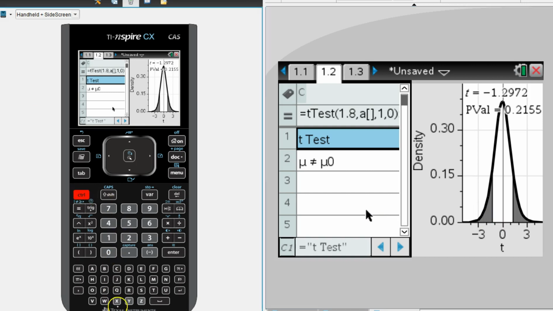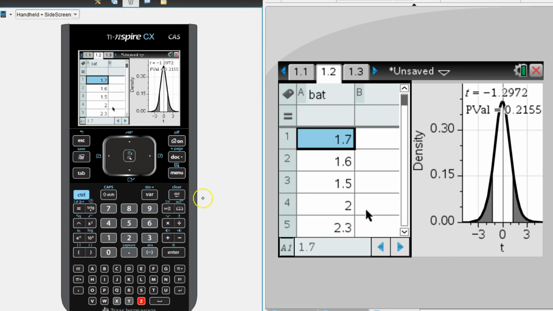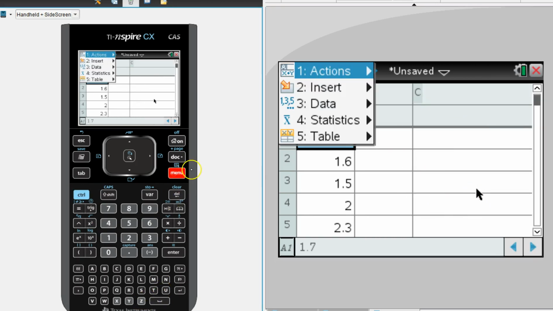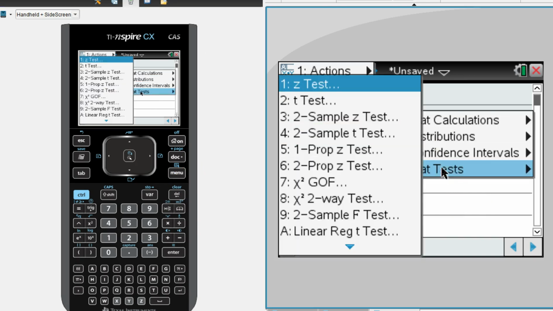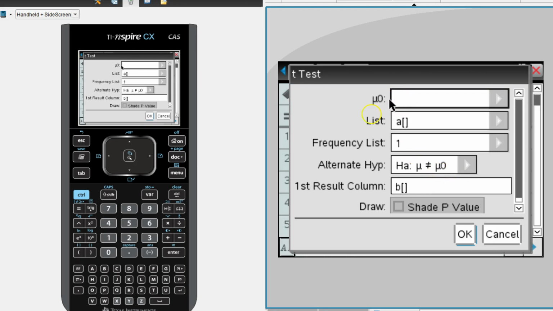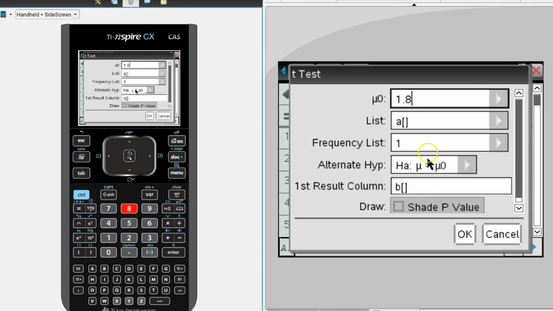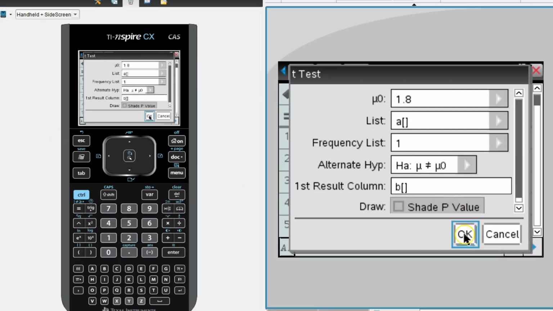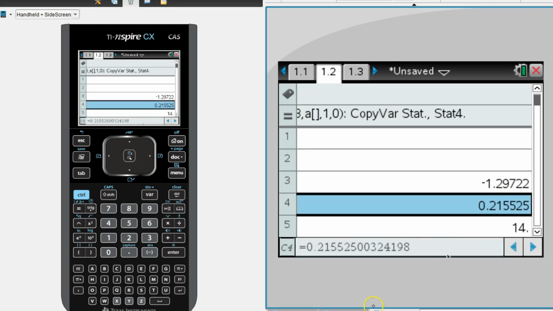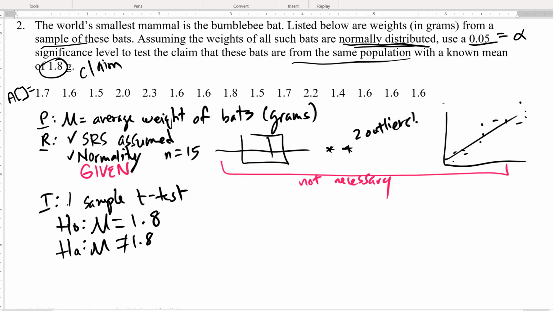But I'm going to go ahead and undo that because I know that makes it hard to see. So if I run the test, and what was it, 1.8, and not equal to, there we go. Then basically I can get a more clear picture. I think it was 1.8. No, I'm messing up.